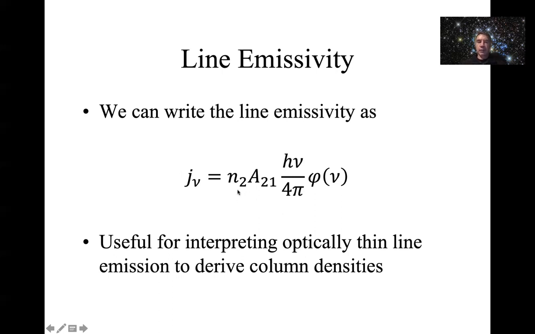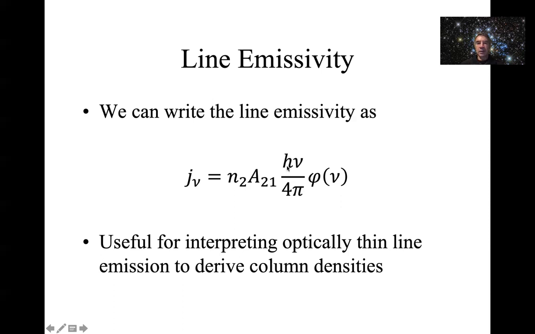So if we want to think about how many photons are being emitted per unit volume in the line, then you just need to take the population of the upper level. Obviously the upper level is where the electron is going to be before it drops back down. So the N2 is the appropriate one. And obviously it's going to depend on this rate of spontaneous emission. That's what's giving rise to the photons. Okay, so the faster this rate, then you're going to get more line photons out.